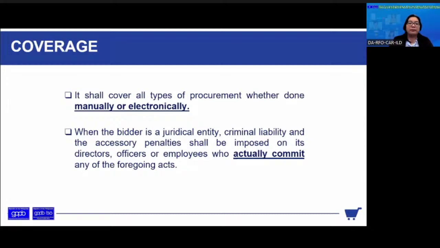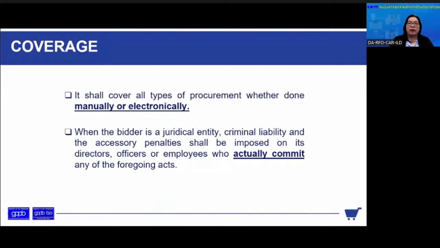In terms of juridical entities, when a bidder is a juridical entity, the criminal liability and the accessory penalties will be imposed on the directors, officers, and employees who actually commit the acts that were enumerated previously, which is private officials colluding with private officials, or by themselves, or vice versa, private officials or public officials colluding with one another.